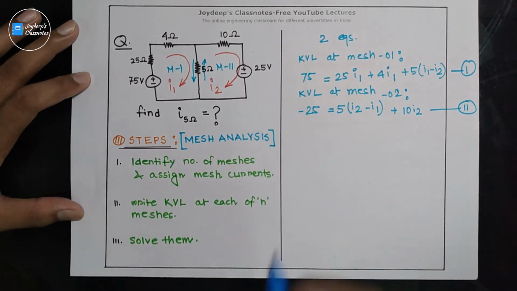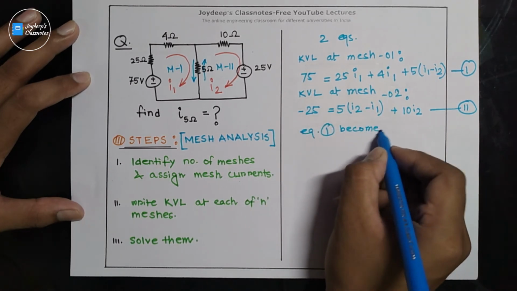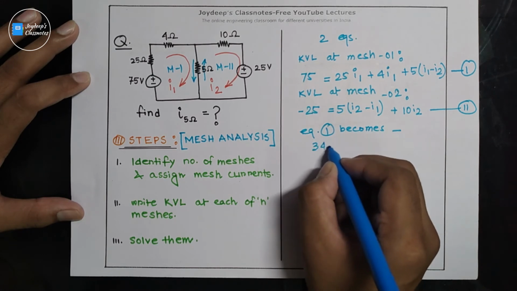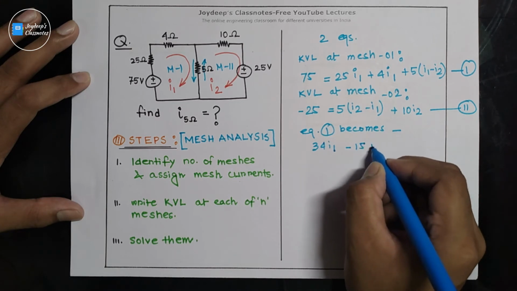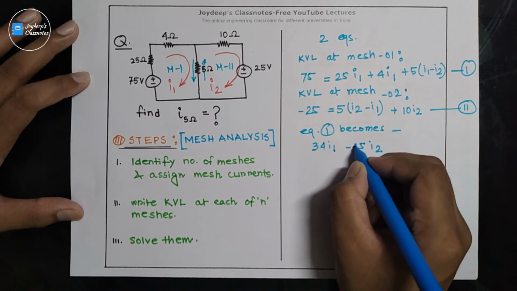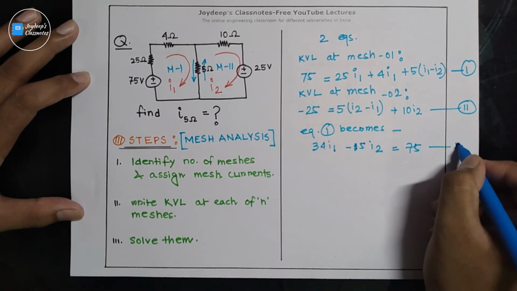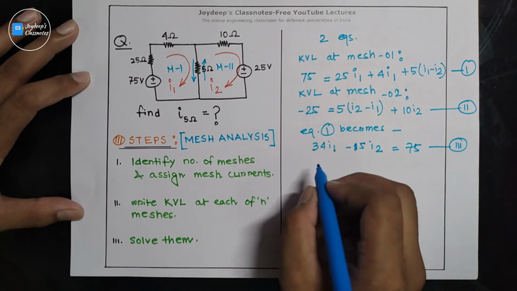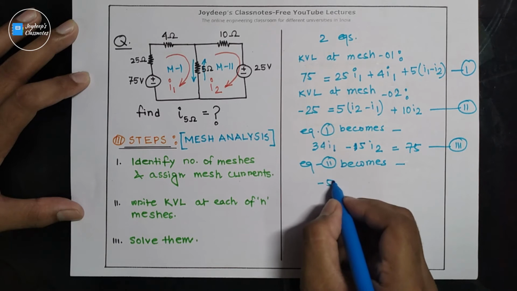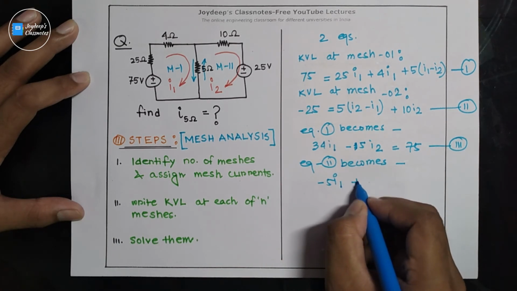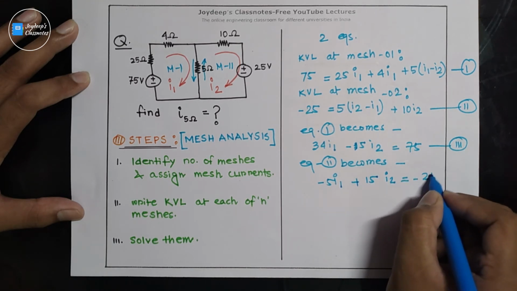Okay, so now equation 1 becomes 34 I1 minus 5 of I2 is equal to 75. That's your equation number 3. And equation 2 becomes minus of 5 I1 plus 15 of I2 is equal to minus of 25.